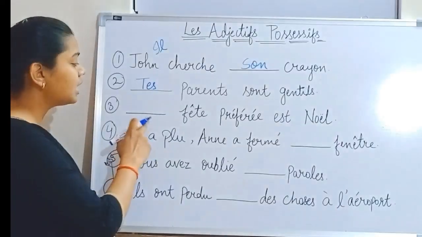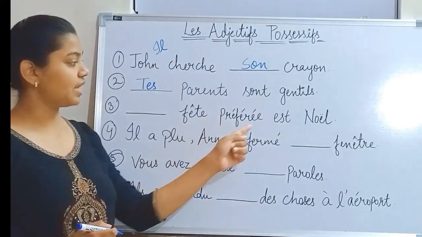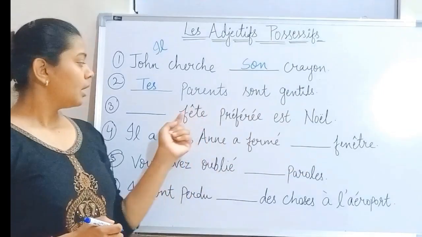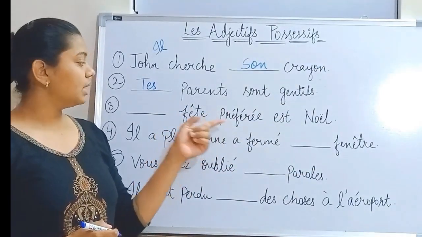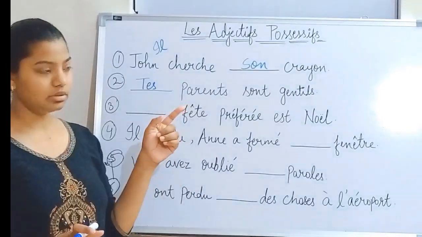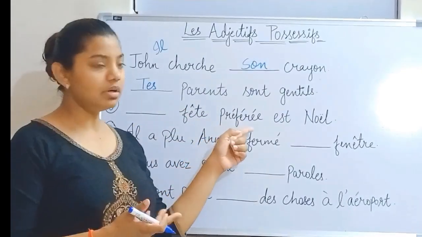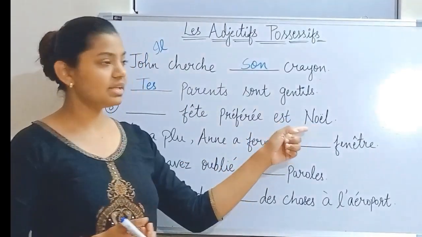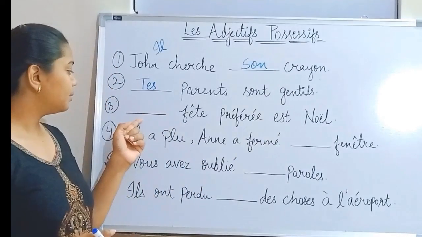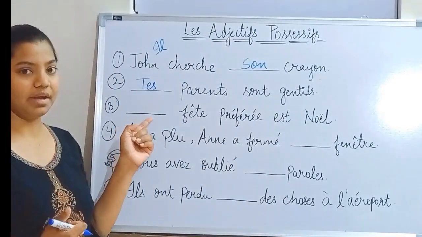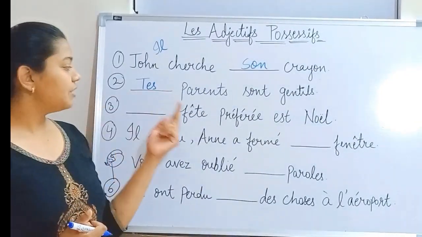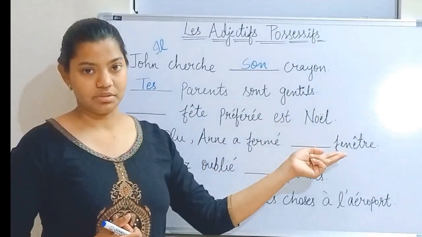Okay, now number third, dash fête préférée est Noël. Fête means festival. Okay, préférée is favorite. Noël is Christmas. So here we can use my. Okay, my favorite festival is Christmas.